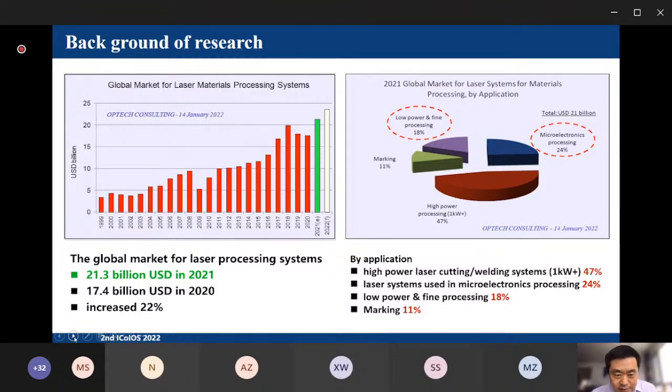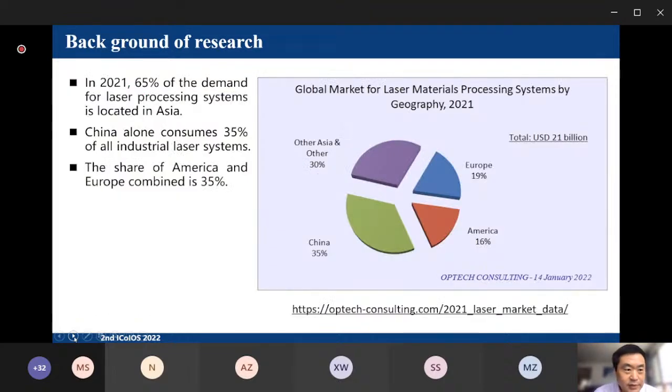Please next. In 2021, 65% of the demand for laser processing systems is located in Asia. China alone accounts for 35%, and other Asian countries 30%.